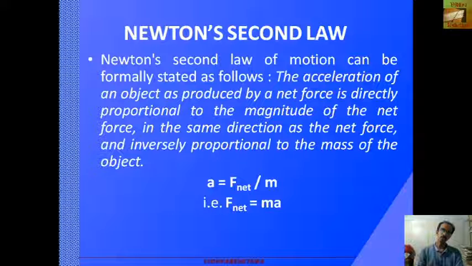Thus, from this formula, we can define the unit of force, Newton, as the force required to accelerate an object of mass 1 kilogram by 1 meter per second squared. That is 1 Newton.